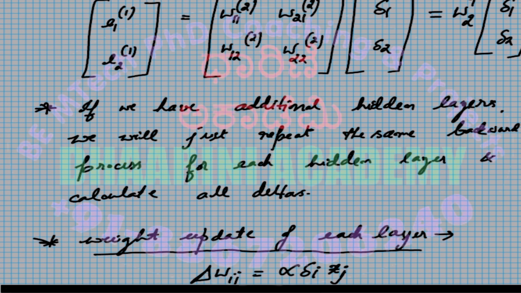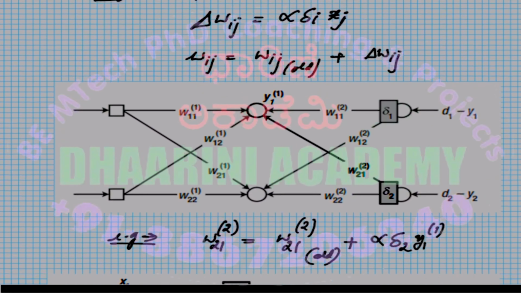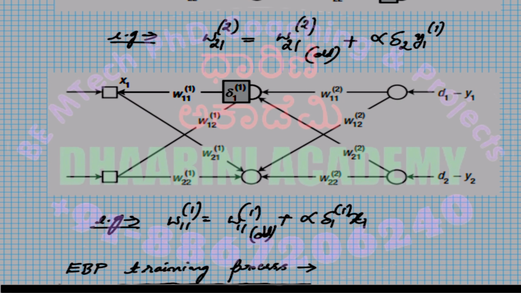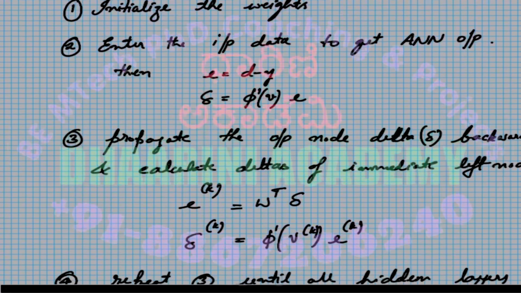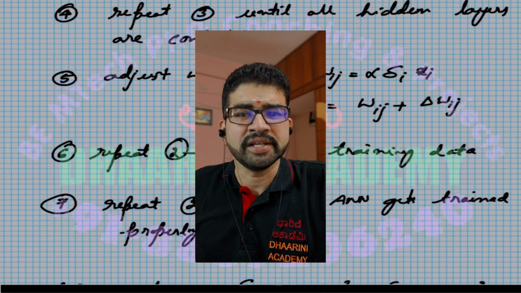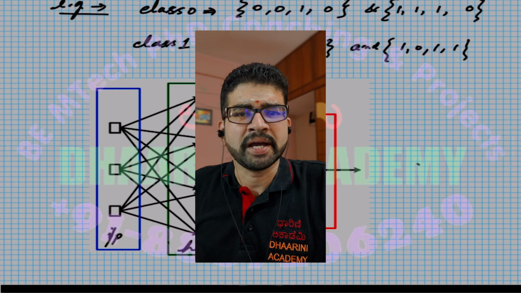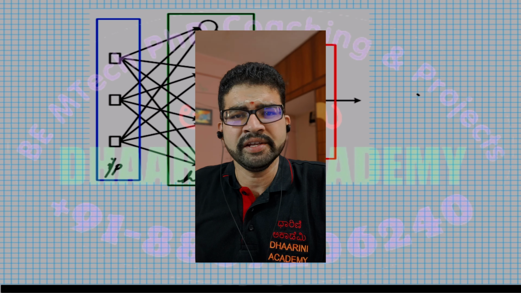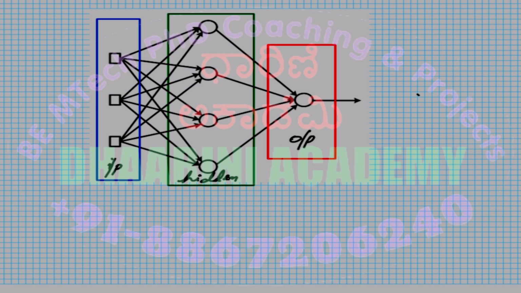Then we also studied the mathematical representation, and after that we looked at the weight update. Once the weights get updated, we wrote the general equations and general steps required to implement the back propagation algorithm for any network. This is what we had seen in the theory part in the previous session.